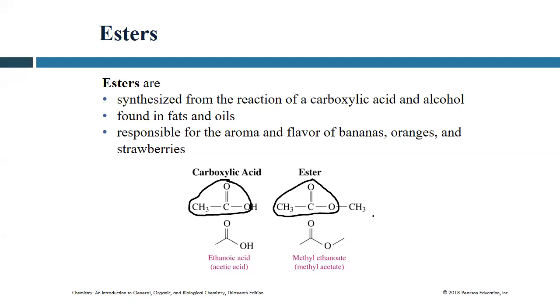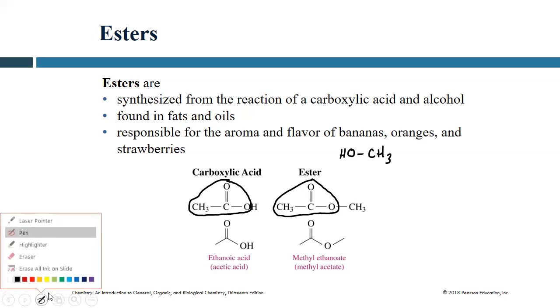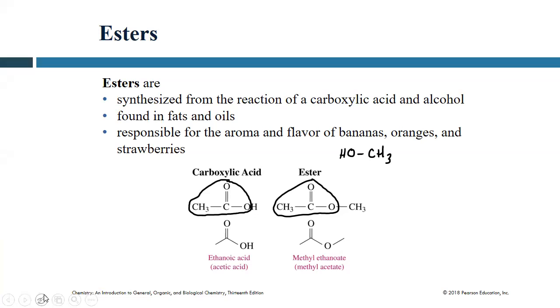So to make this compound, we had to start with this compound, CH3OH. So here is our alcohol. Here is our acid. We can see that the alkyl portion, the hydrocarbon portion attached to this oxygen. So what's left?